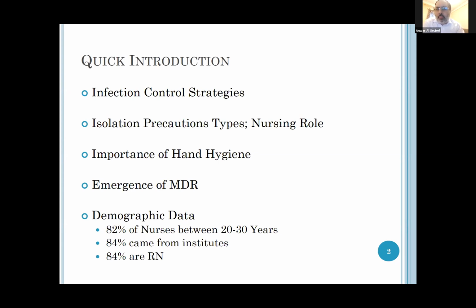A simple definition: any patient admitted to our hospital with an infectious disease, which could be contagious, we must take isolation measures with him. Isolation measures such as isolating the patient, putting up a sign, taking special consideration like wearing special PPE, for example the mask, the gown, the gloves, and performing hand hygiene.